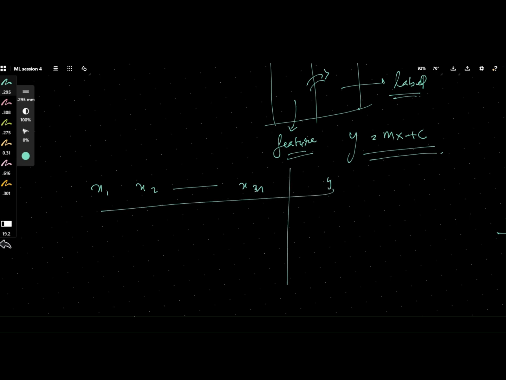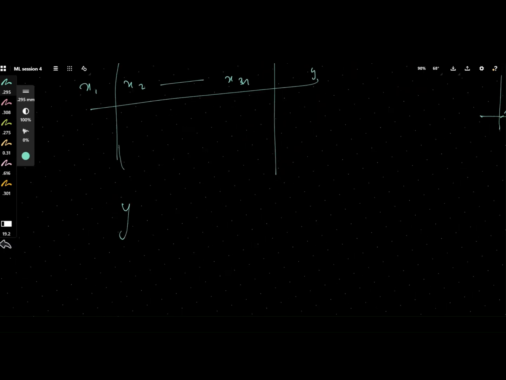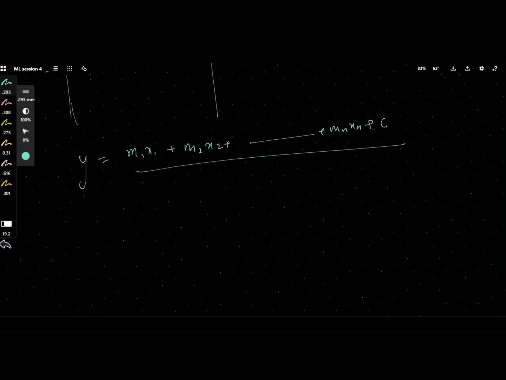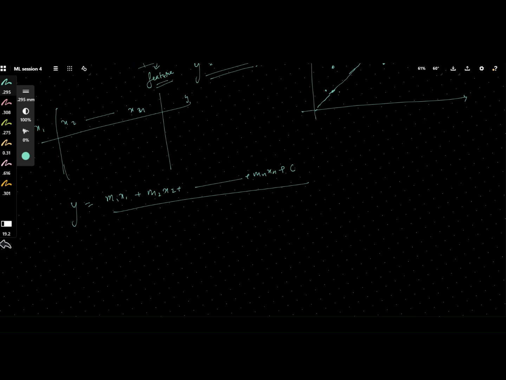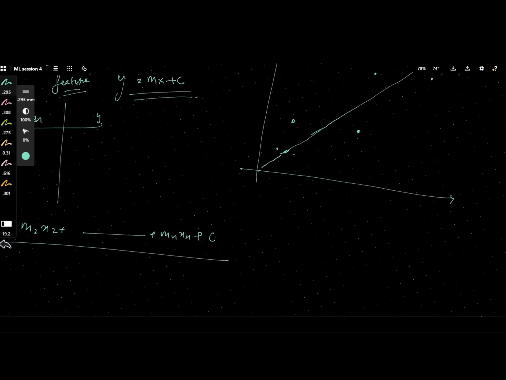So here y will be a result of m1 x1, m2 x2, ... mn xn plus c. So this is the approximate line, right?